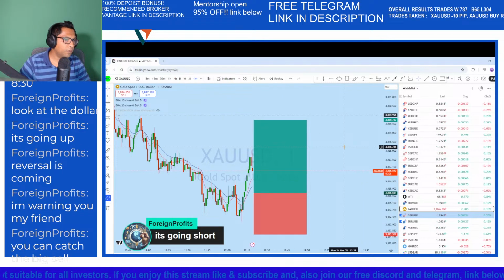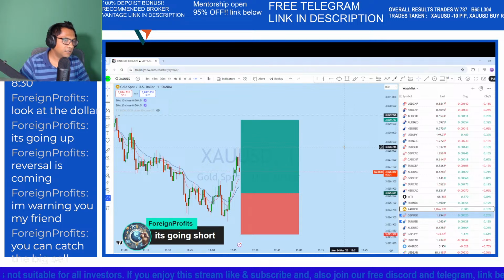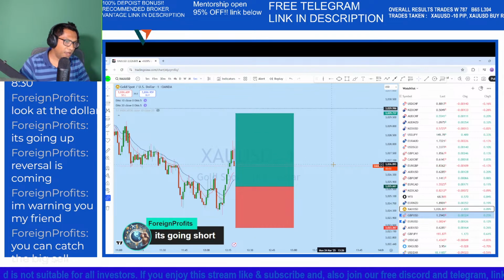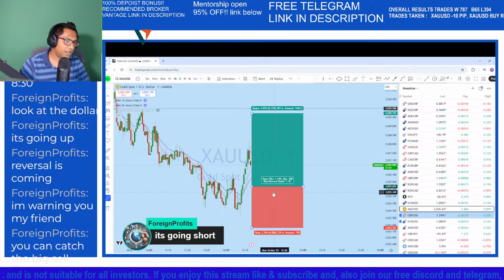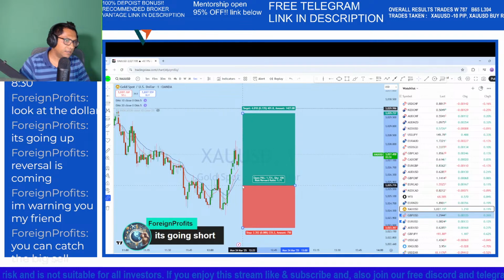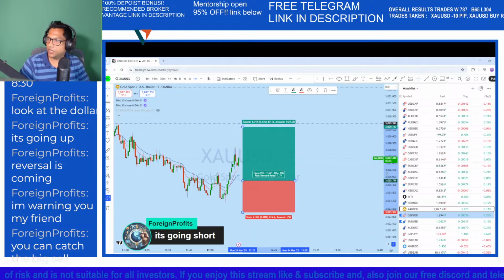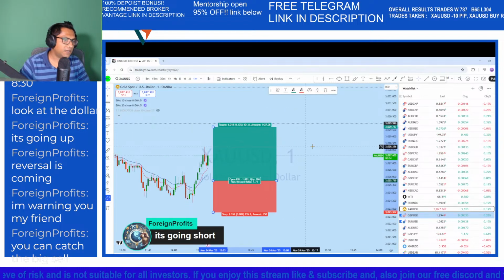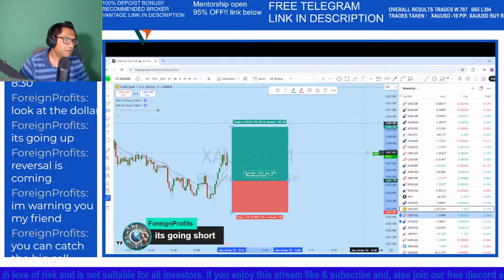So there is some pullback here, and I would consider it still a pullback, as you can see that reaction again, returning back, trying to back up again.